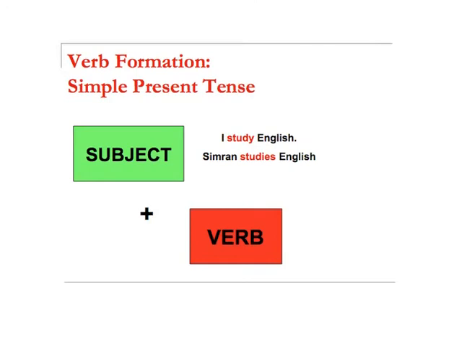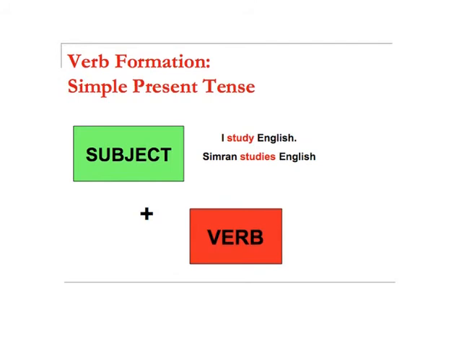Simran studies English. What is the action? It is studies. That is an action being performed by Simran. So subject is followed by the verb in the third person form. Okay? This is how the verb formation takes place in your simple present tense.